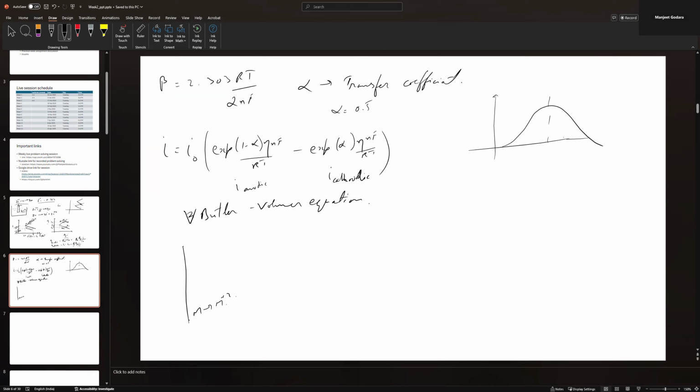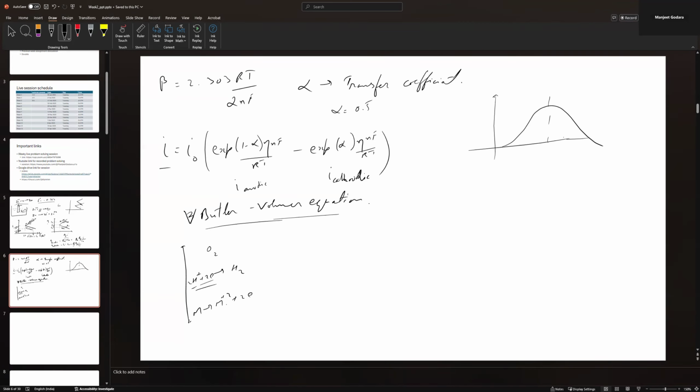Metal plus two electrons, and H plus plus two electrons giving H2. Both these reactions take place at the metal surface, given by the Butler-Volmer equation for the current density. However, you may have other species, like oxygen getting reduced.